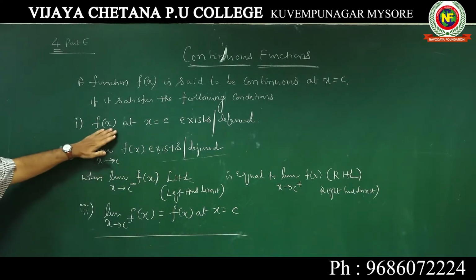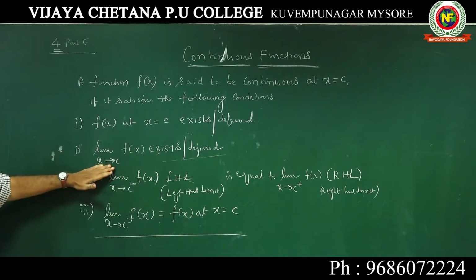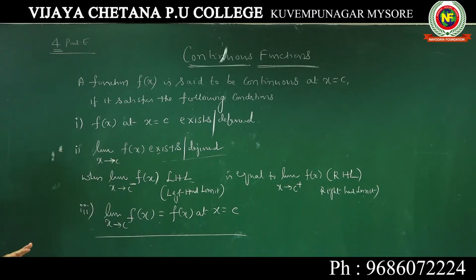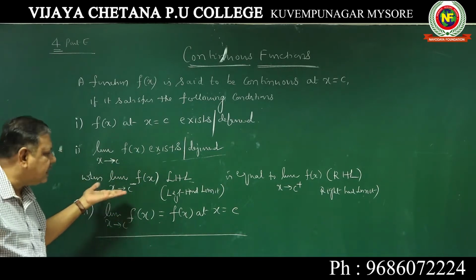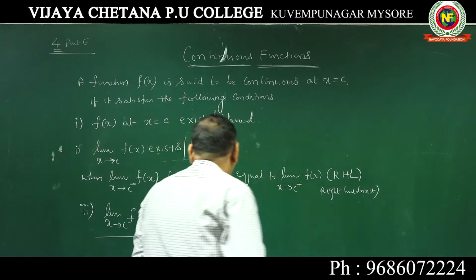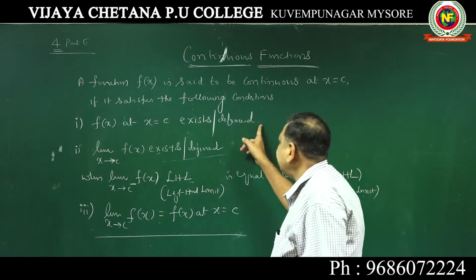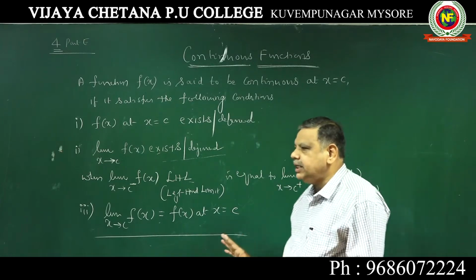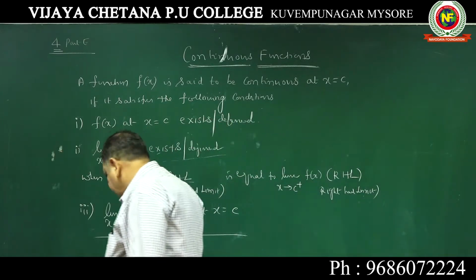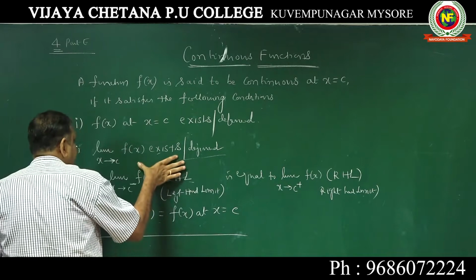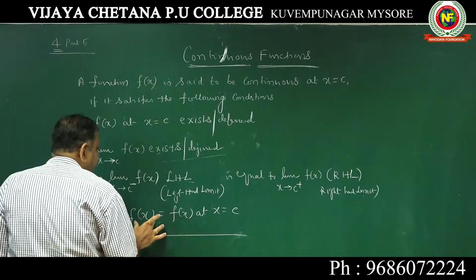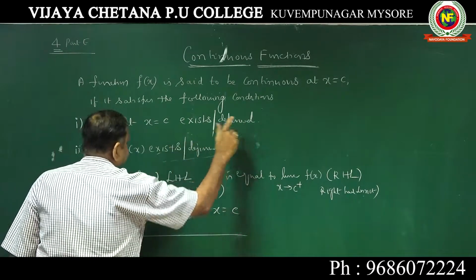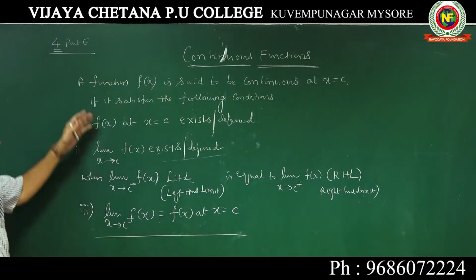That means these two values should be equal. In some problems, if less than and greater than are not given, you have to calculate the limit and see whether it is the same. Whatever you have calculated should be equal to f(c), then it is continuous.